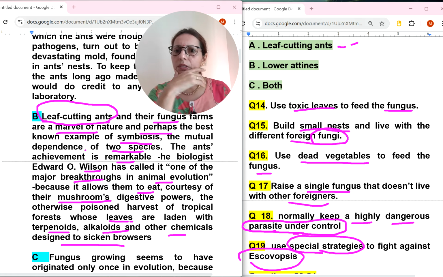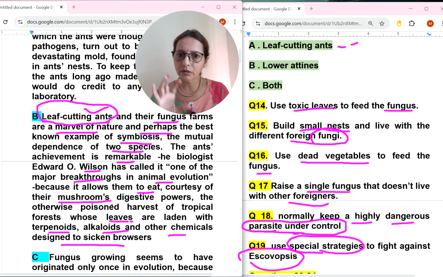So they are talking about leaf cutting ants and their fungus farm, a mutual dependence of two species. The ants' achievement is that it allows them to eat, courtesy of their mushrooms' digestive power. We can't say this is vegetable. Maybe so, but to feed the fungus, use dead vegetables.